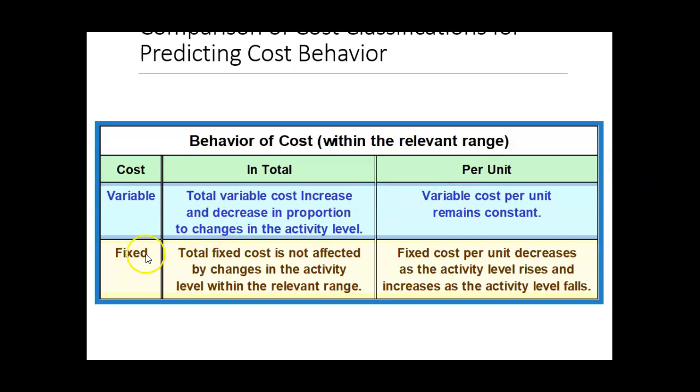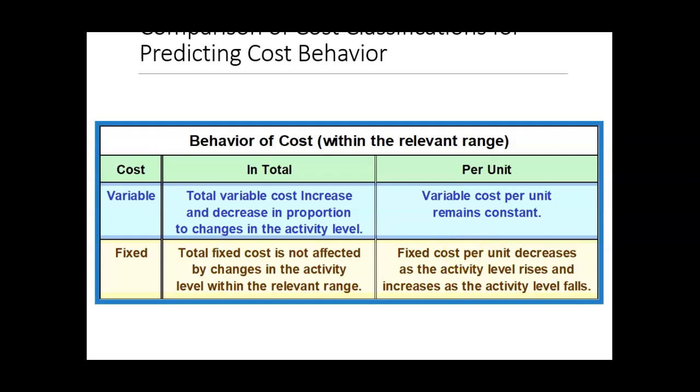Fixed cost stays constant in total. My rent is going to be $1,000 per month, regardless of the number of units I produce within that time period. But my fixed cost per unit will change based upon the activity level. So again, if I produce 1 unit for that month, then my fixed cost per unit would be $1,000 in terms of my rent.